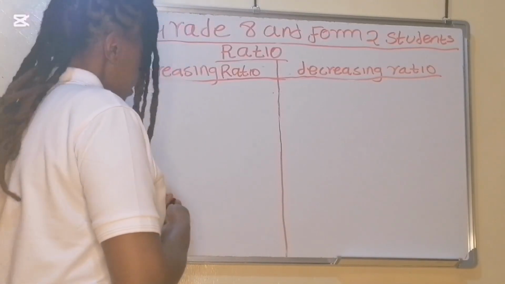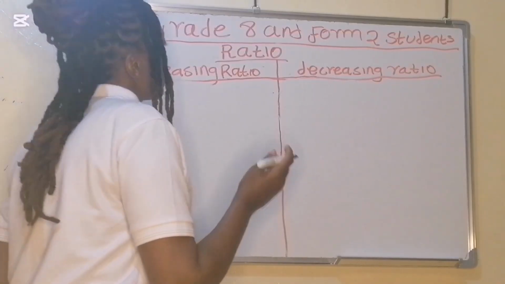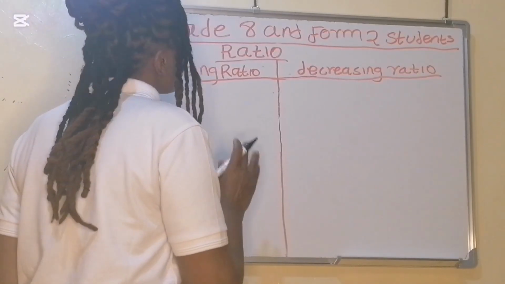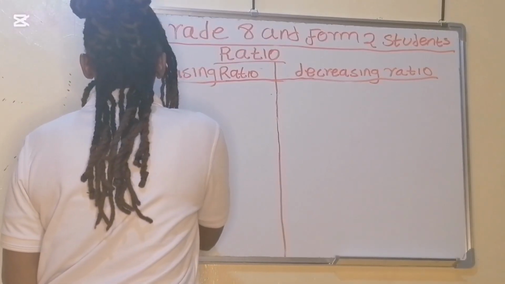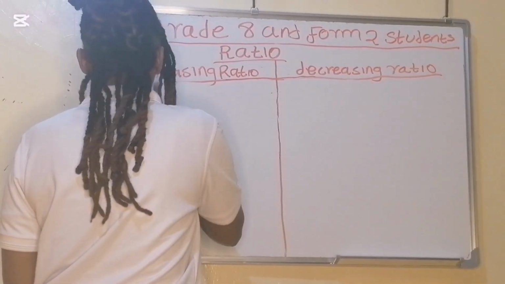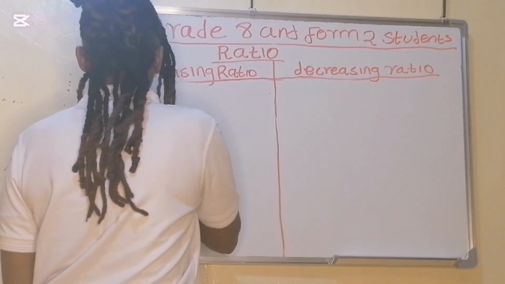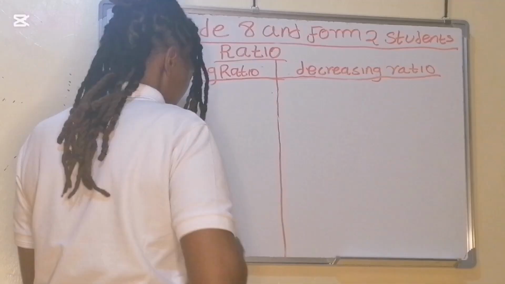So, on to the agenda of the day. How do you identify that this is an increasing ratio or a decreasing ratio? Okay. Let me show you how to identify.